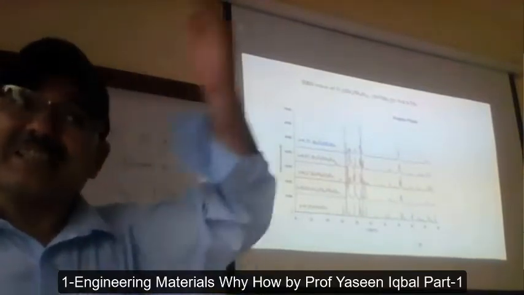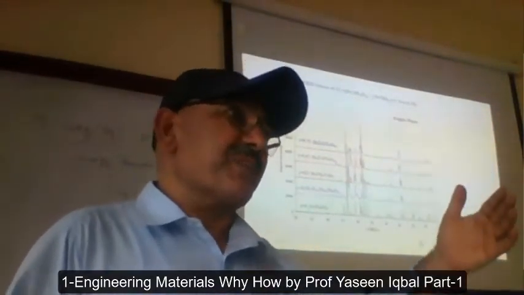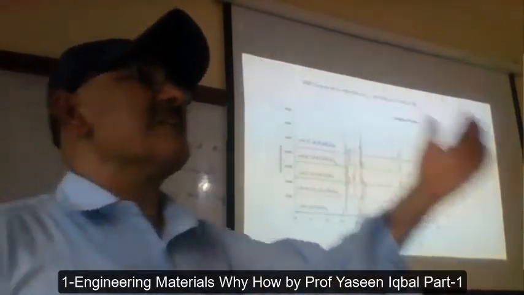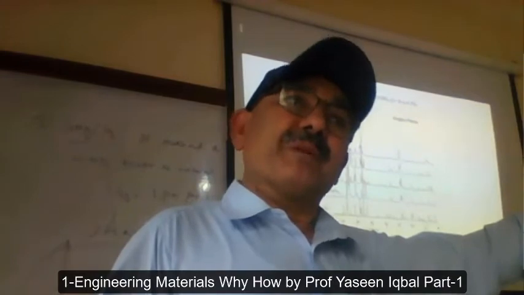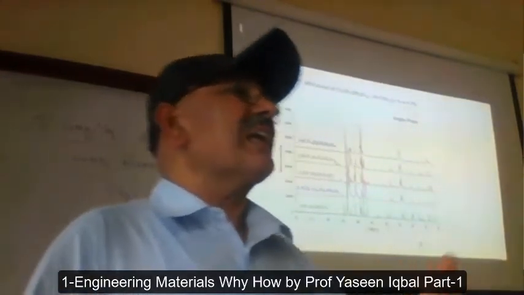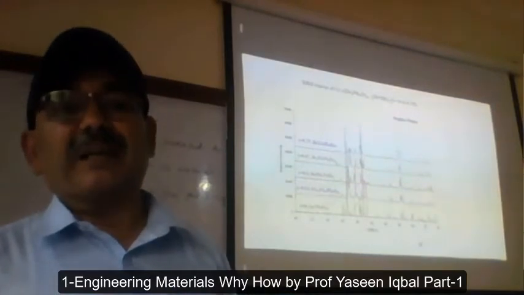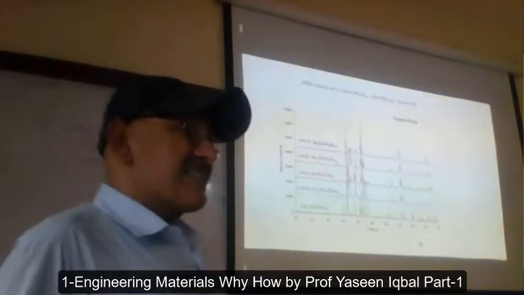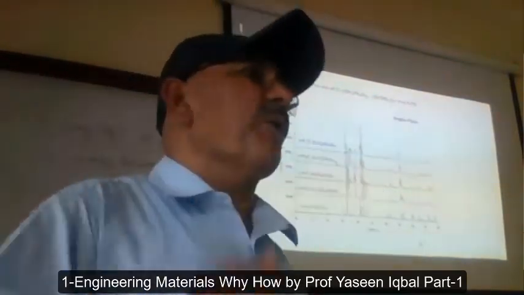Because the polarizability is different. The more polarizable a cation is, the more ferroelectric the material will be. So it enhances the property by replacing that particular cation. If the phase is single phase, then I am happy with it and I will go ahead.